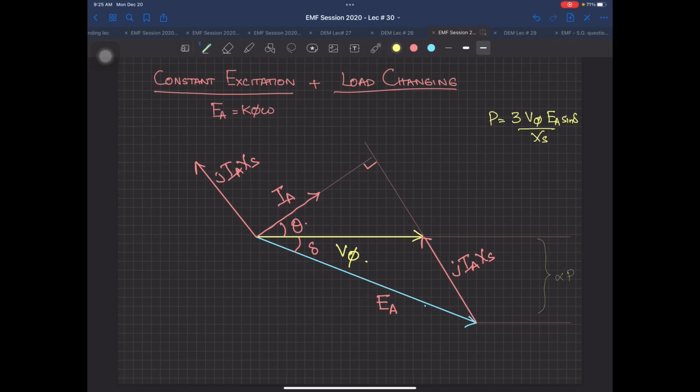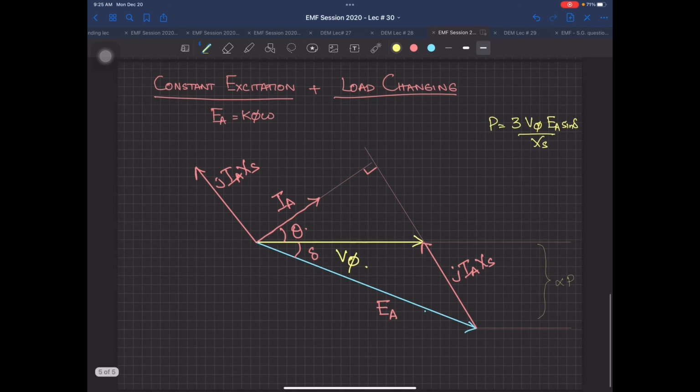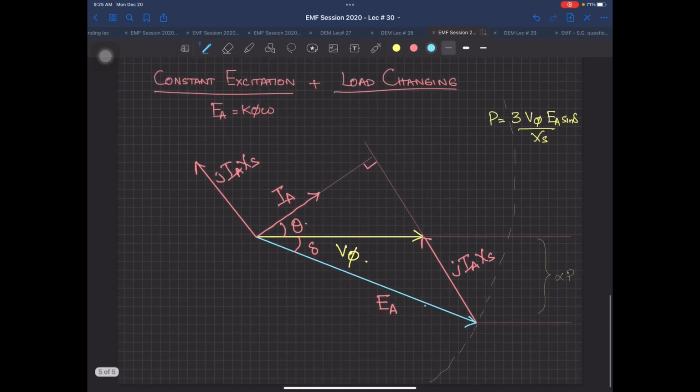V phase is constant, since it is connected to the grid and the supply is the same. EA is also constant; EA sine delta is changing. So now the one thing is that excitation is constant. What this means is that now this EA vector, if I can draw this in some way, so this is my diagram actually.